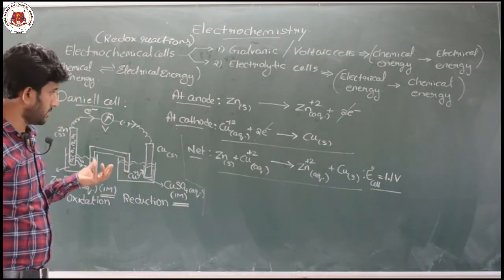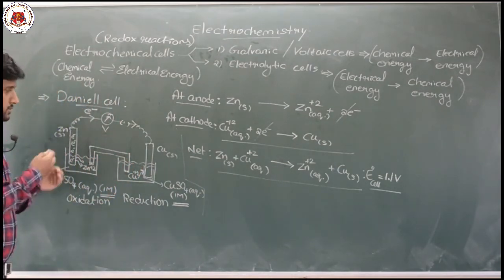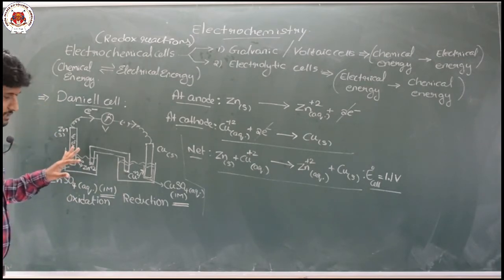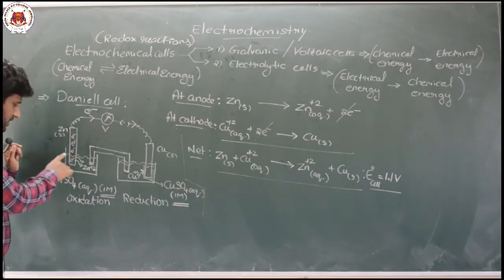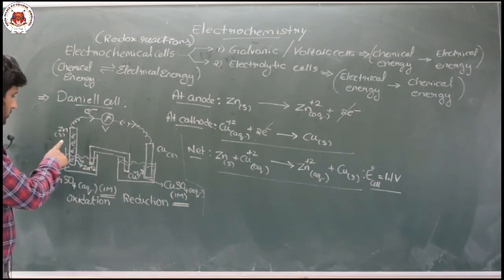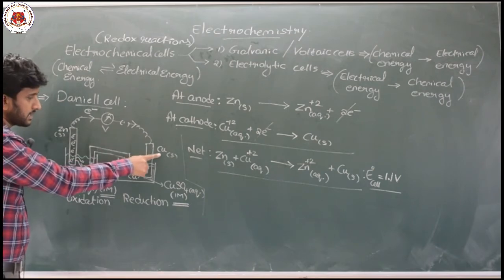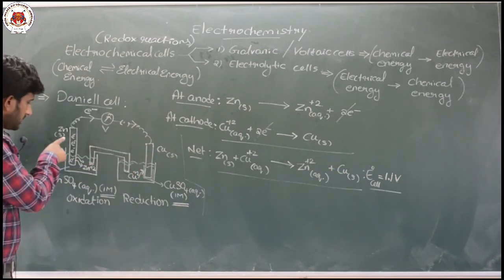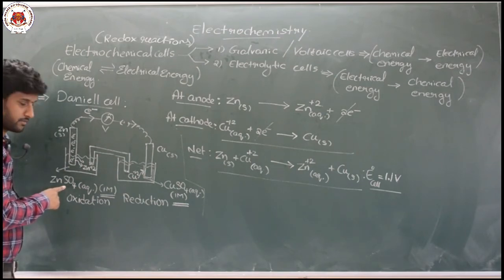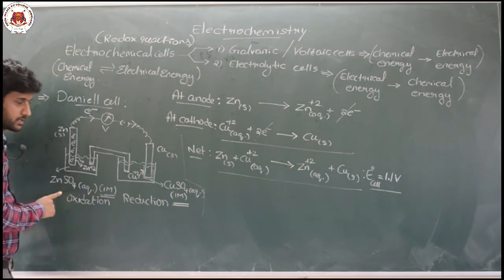Now I would like to say once again, Daniell cell construction: 2 beakers, 2 electrodes. One electrode is zinc rod, another electrode is copper rod. Zinc rod is dipped in which solution? 1 molar zinc sulfate solution.